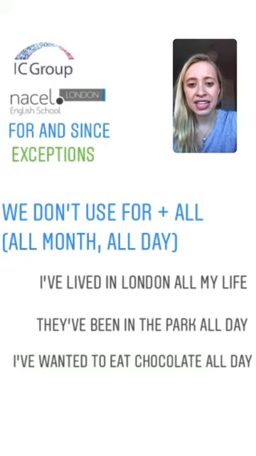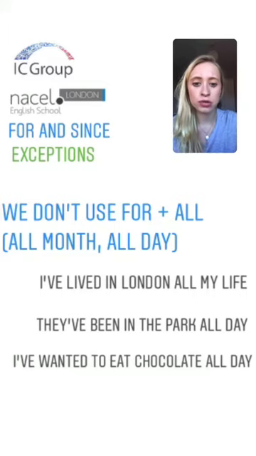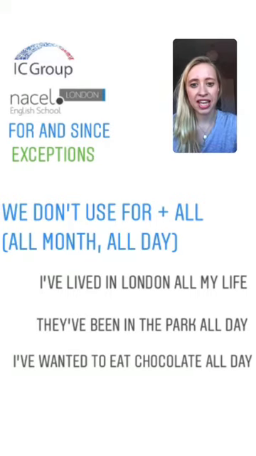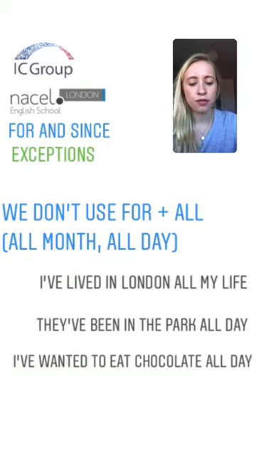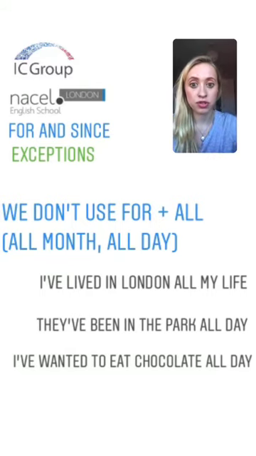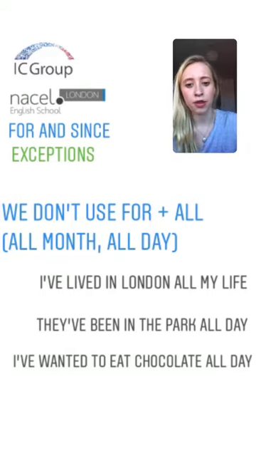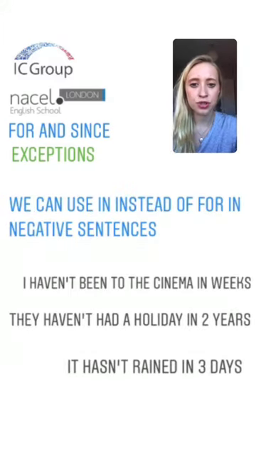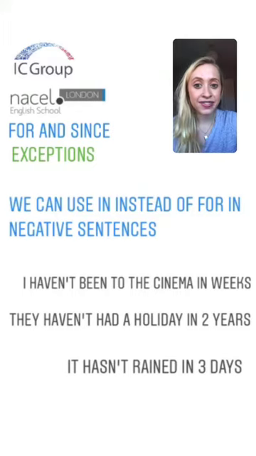The same is, they've been in the park all day, and I've wanted to eat chocolate all day. You don't need to say, I've wanted to eat chocolate for all day. We don't use both of them together. Okay, so that's exception number 1. And exception number 2 is looking at negative sentences.